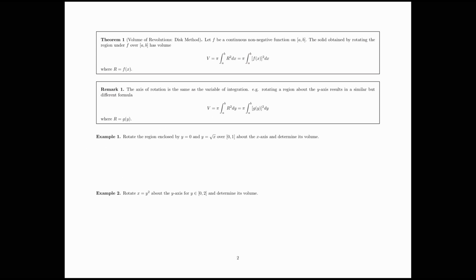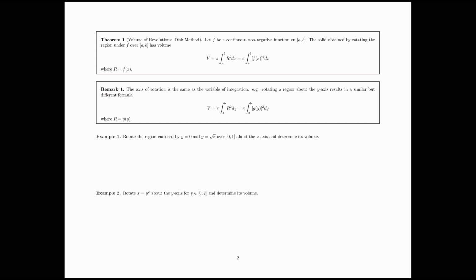A quick comment here that I think is really important when you're first learning to do these kinds of problems. There's a tendency for textbooks, and if you were to search for the volume of revolution disk method formula, for instance, it's very common for you to come up with this formula. And that's excellent, that's great, it's true, but it's not true in general.